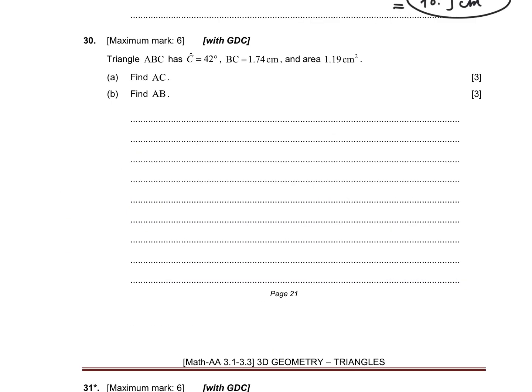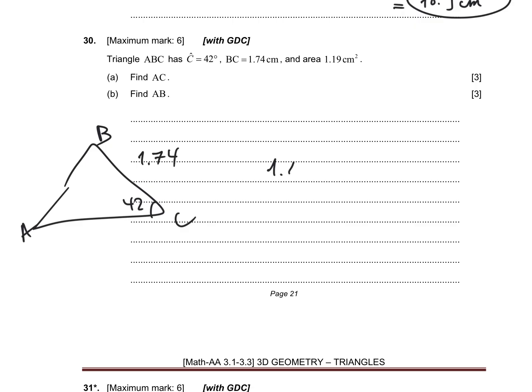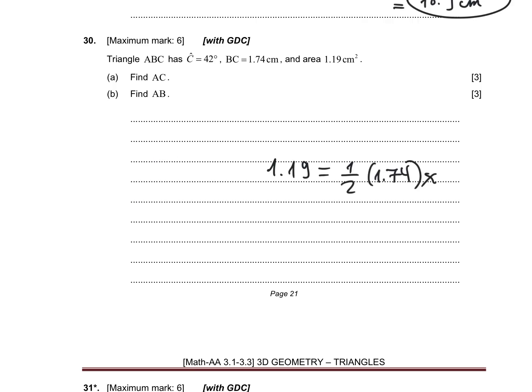All right, and 30, we have ABC. C is 42. BC is 1.74. And we've got area 1.19. So 1/2 times 1.74 times AC, and then sine 42.